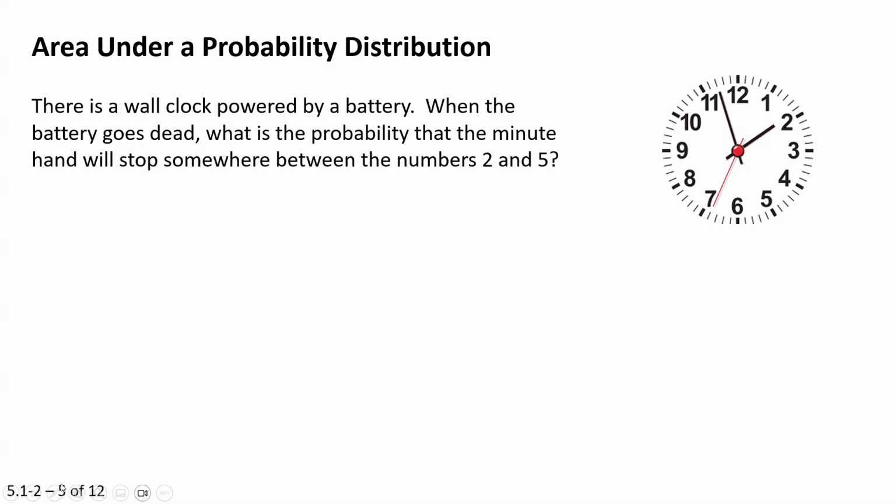The minute hand on that one is between the 5 and the 6. It's going to stop somewhere around the clock. So what is the probability that when this battery conks out, this hand here will stop somewhere between 2 and 5? What's the probability there?